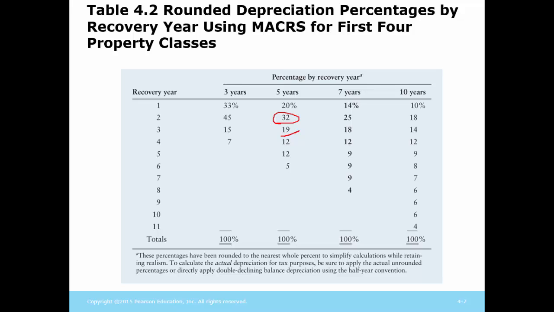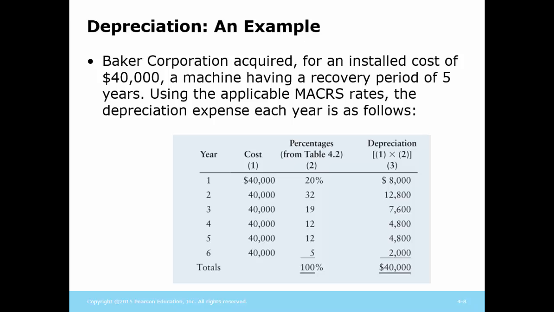So this identifies the depreciation that can be taken each year that the asset is held with the company. And what you can see is at the end, regardless of what the lifespan is, 100% of the asset's depreciable basis is depreciated.